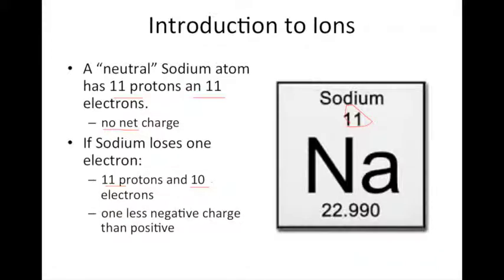So it has one less negative charge than it does a positive charge. So that would cause the sodium ion, or sodium cation, to have a +1 charge. And we would represent the sodium ion with the symbol Na+, with the superscript plus. Now, you don't have to put +1. If it's just a plus, it's understood to be a +1.